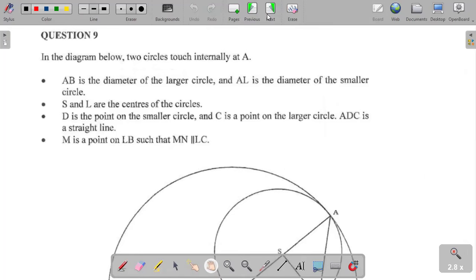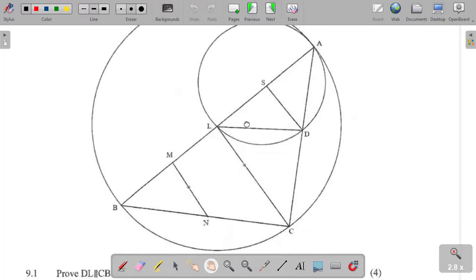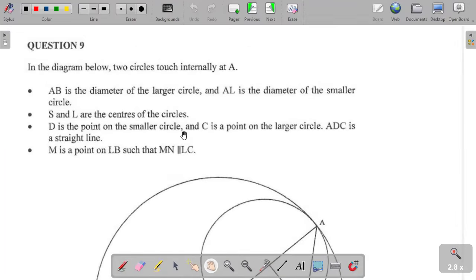Okay, question 9, we have the two circles inside of each other. They say, in the diagram below, two circles touch internally at A. AB is the diameter of the larger circle, and AL is the diameter of the smaller circle. S and L are the centers of the circles.